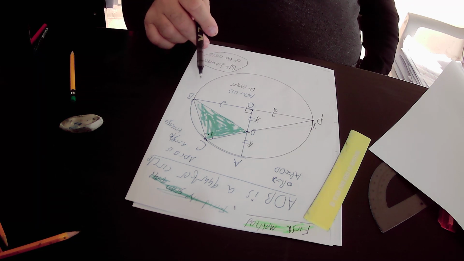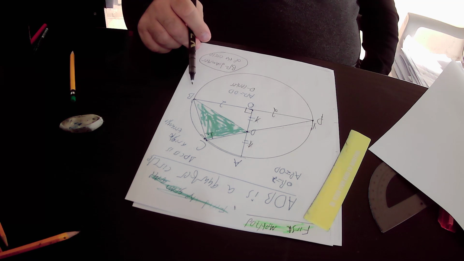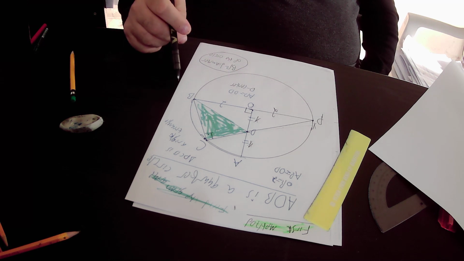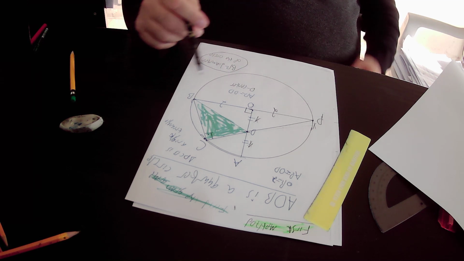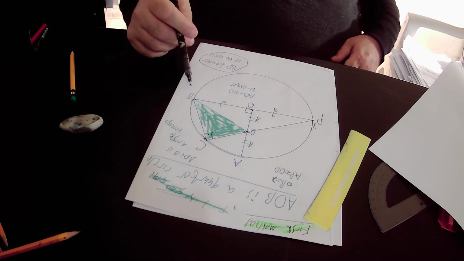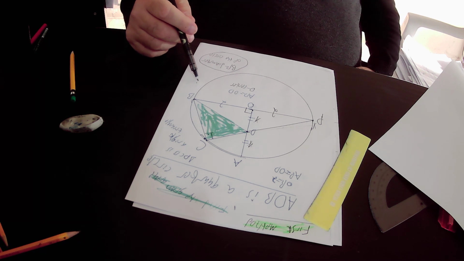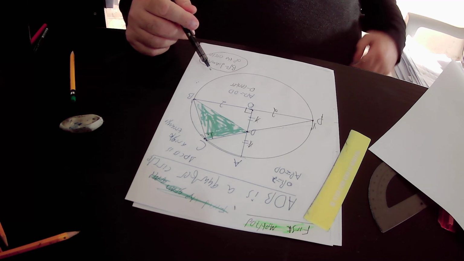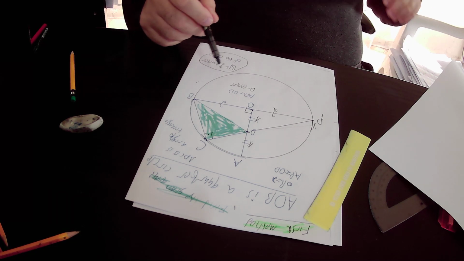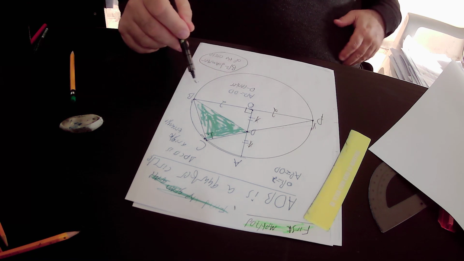So we know that BP is the diameter of the circle, and as a diameter BP must be a straight line, and we have the rule that the sum of the angles on one side of a straight line is equal to 180 degrees. So we have here the straight line PB.